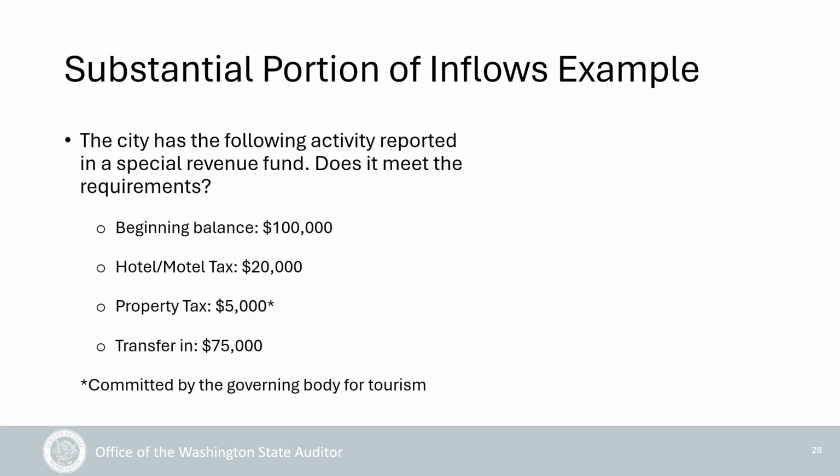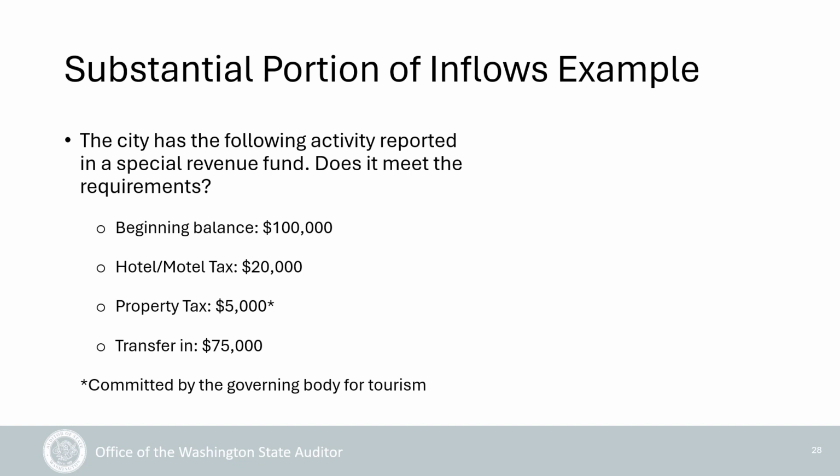In this example, we have a city that is reporting a special revenue fund for their tourism activity, and we want to determine whether a substantial portion of the inflows are restricted or committed. We have the following information. Beginning balance is $100,000. Hotel motel tax received, $20,000.